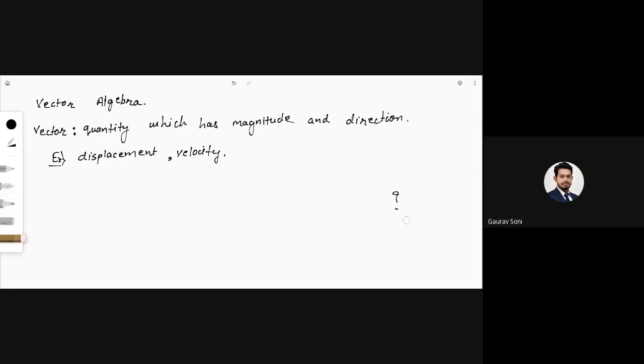So for a vector, we will have some initial point. So a vector, I can always draw it like this. A to B. So this is the direction A, B. So for any vector, it will have an initial point, and there will be a final point, which is also called the terminal point.